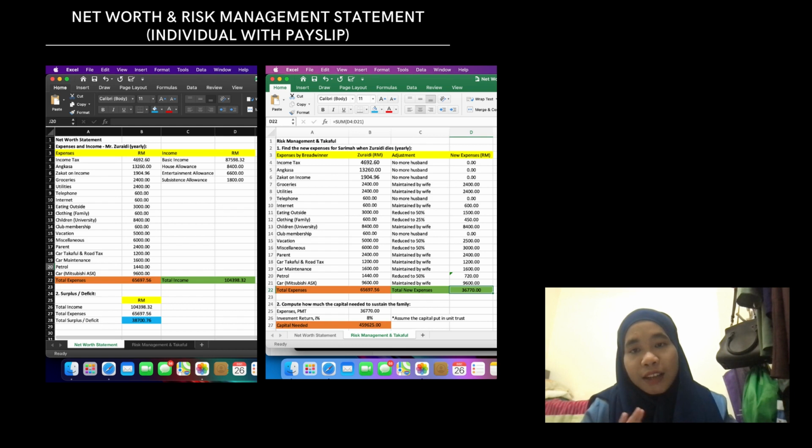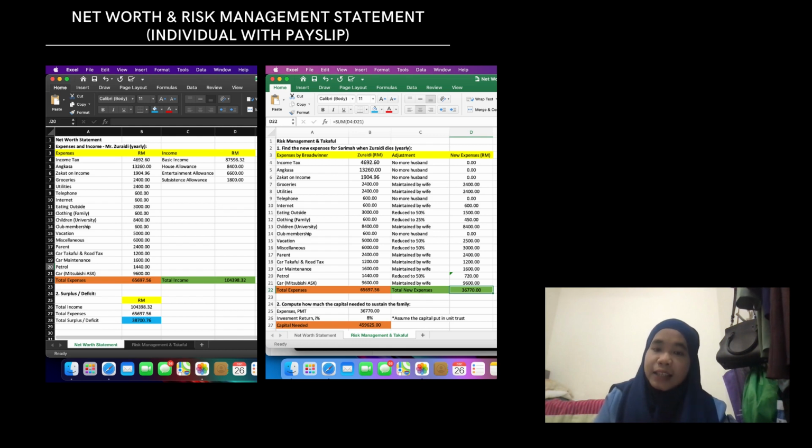From the information that has been given by Mr. Zuraidi, we could summarize that the income currently earned by Mr. Zuraidi as a teacher is 104,398 ringgit and 32 sen per year.